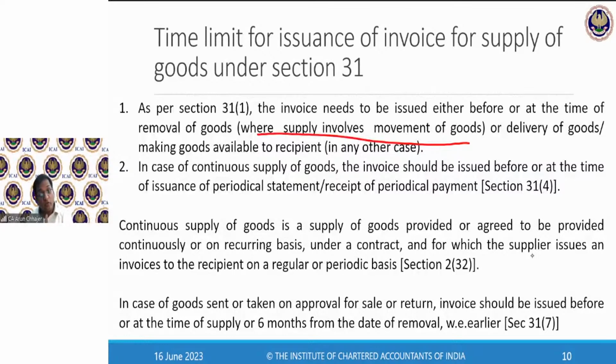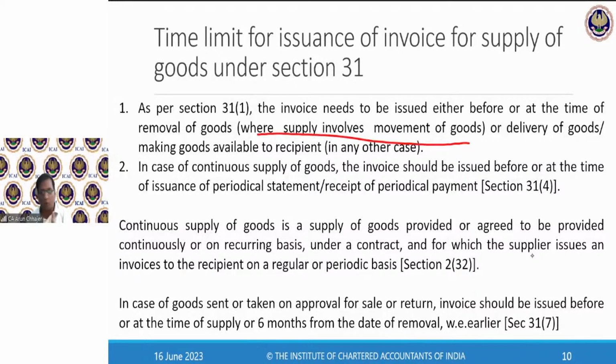Is that a transaction of goods or services? The answer is services. After six months, let's say B says, sir, this machine is good, I would like to purchase it. A sells that machine for, let's say, 10 lakh rupees. Now there is a supply of goods, but is there any movement involved?